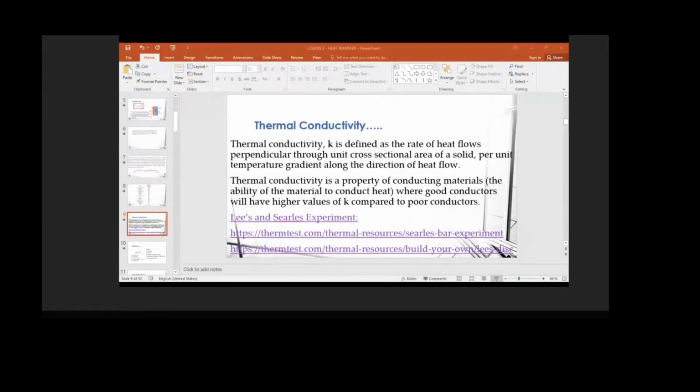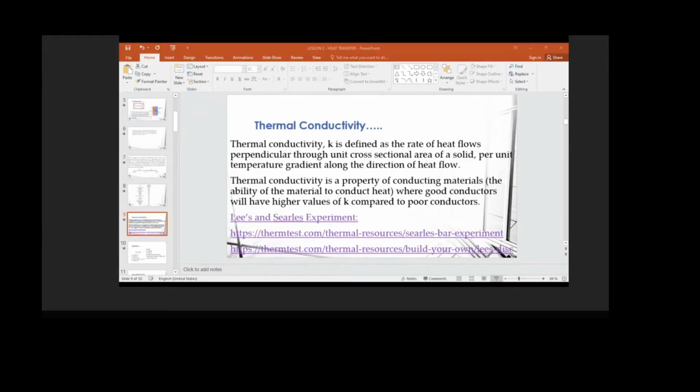In simple words, it's how fast the heat will be transferred through a specific area for a given temperature gradient. Thermal conductivity is a property of conducting materials, the ability of materials to conduct heat, where good conductors will have a higher value of k compared to poor conductors.